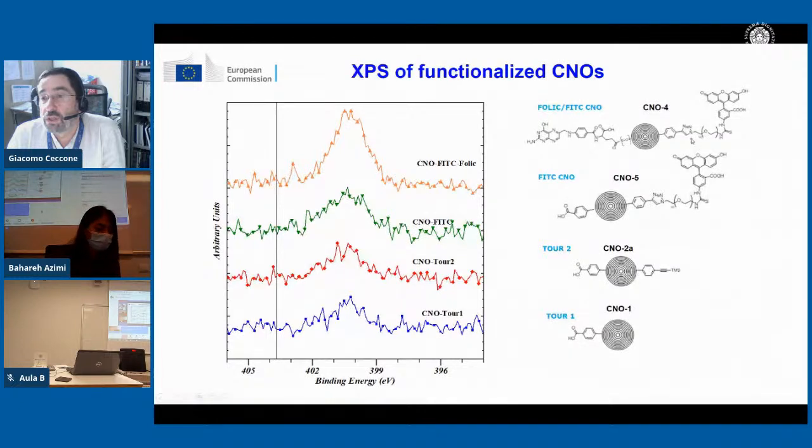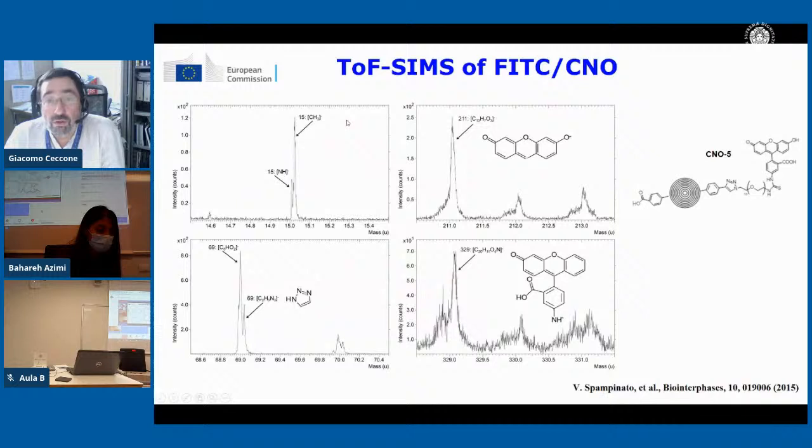NNN or CN bonds. The SIMS was also able to pick up a lot of fragments, in this case in negative polarity, related to the fluorescein breakdown, and also fragments related to the click chemistry when we did the fluorescein attachment.